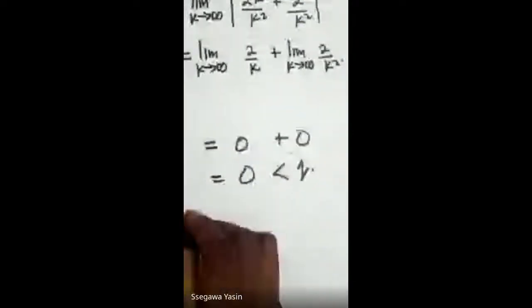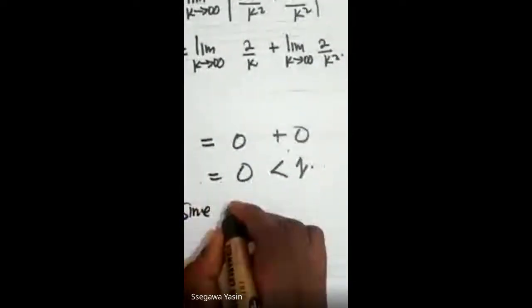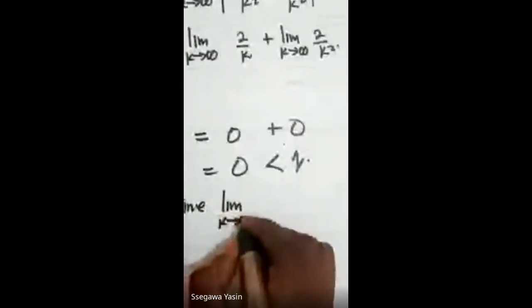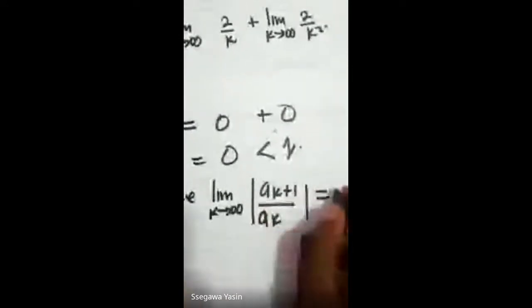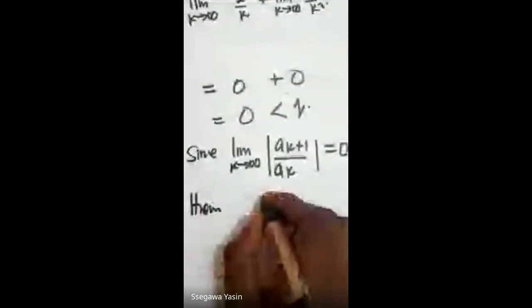So since the limit as k goes to infinity of a_(k+1) over a_k is equal to 0 and less than 1, then the sum of a_k, which is the sum of k squared 2 power k over k factorial, is convergent.